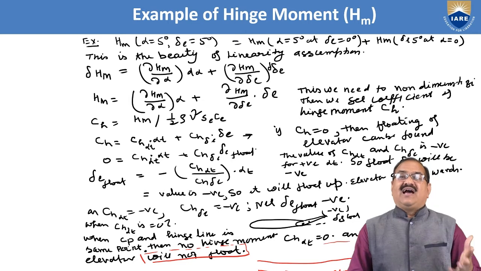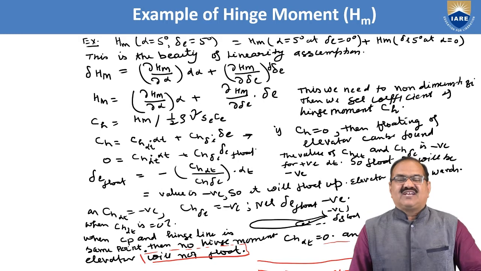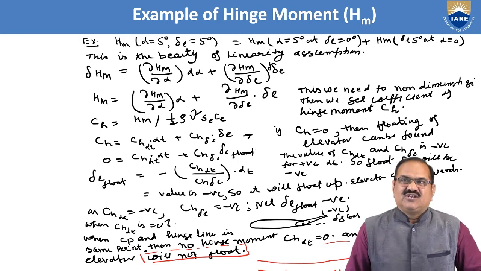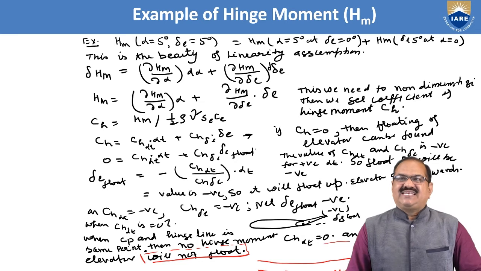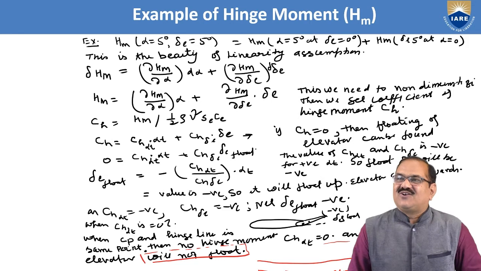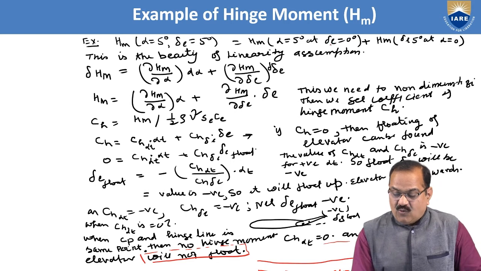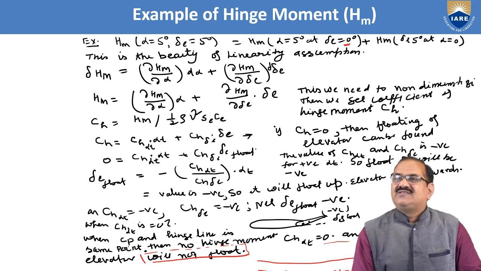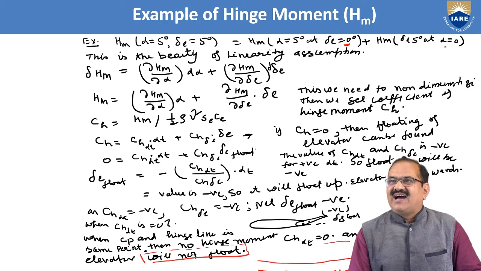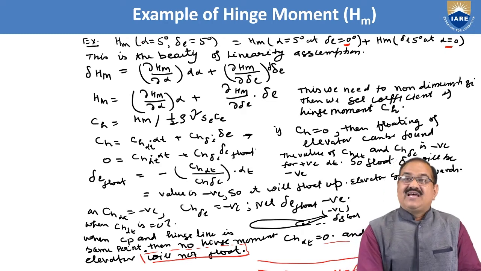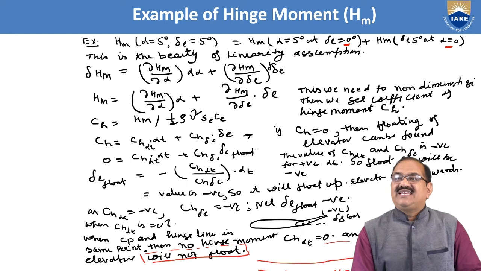I am giving alpha T as 5 degrees and the deflection of the elevator, delta E, as 5 degrees. So in this case, HM at alpha 5 with delta E equal to 0, plus HM at delta E equal to 5 degrees and alpha equal to 0. We have to vary one and the other will remain 0. Here delta E is equal to 0, here alpha is equal to 0. This is the beauty of the linearity assumption.